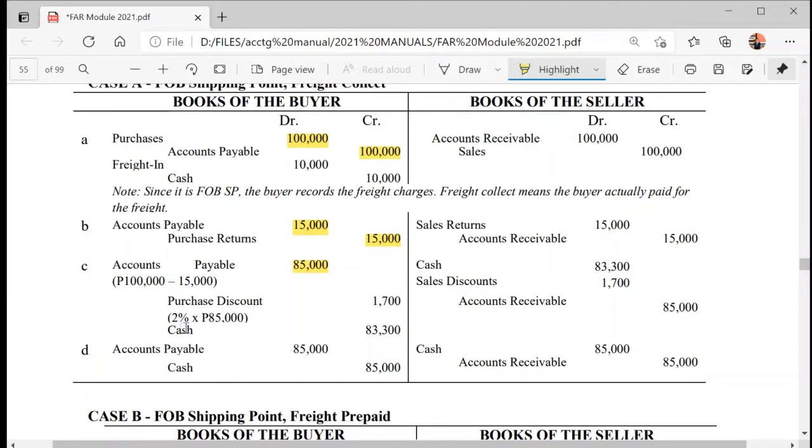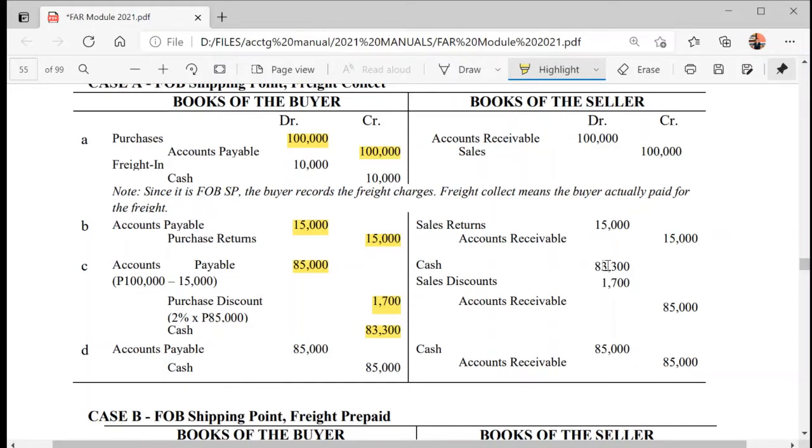So credit cash. On the side of the seller, if the buyer credits cash, the seller debits cash. So debit cash, 83,300. And if the buyer credits purchase discounts, the seller will record sales discounts.